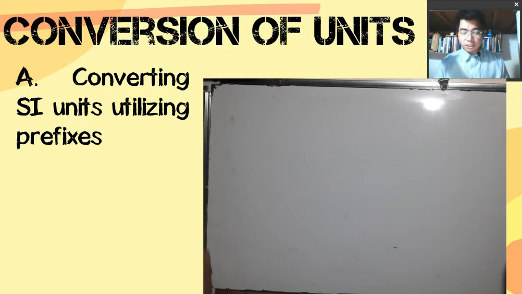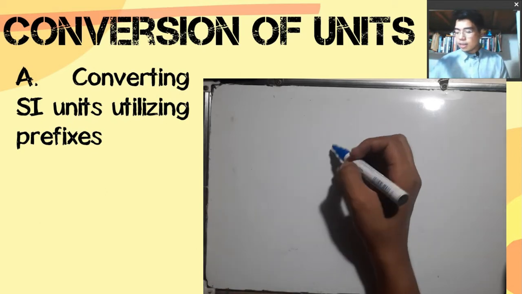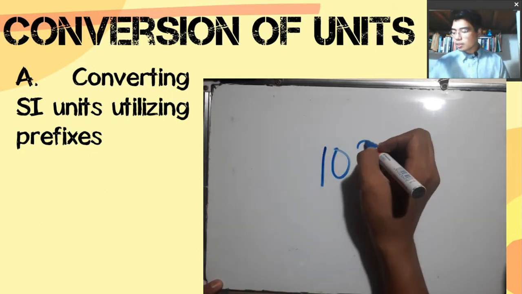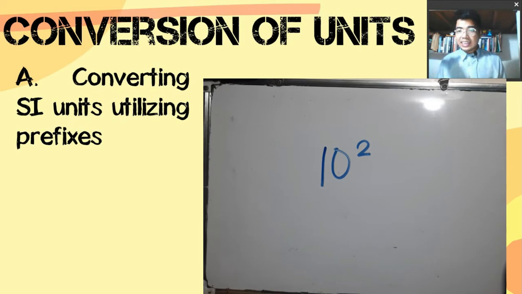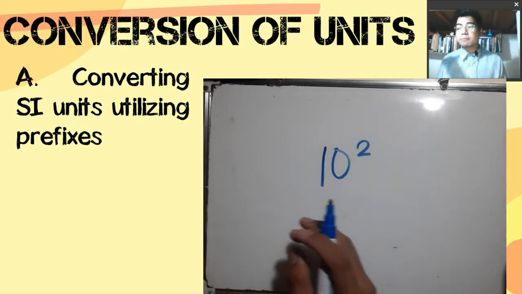If you can still recall, a value equivalent to 10 raised to 2 is just equivalent to moving the decimal point 2 places to the right.